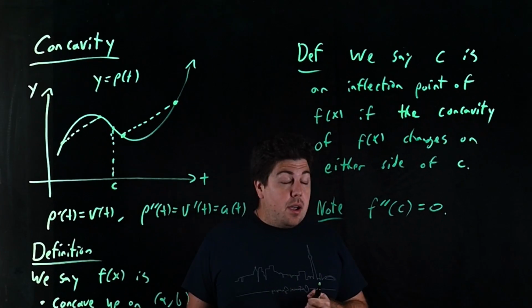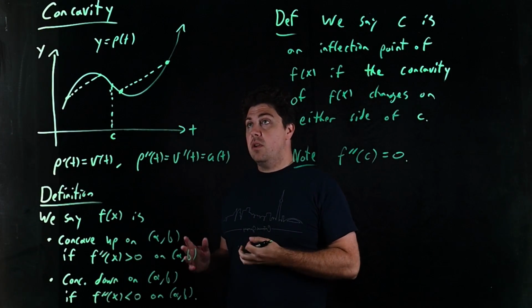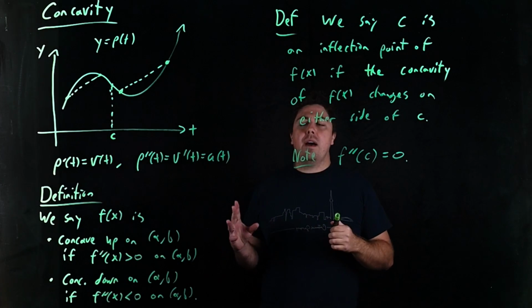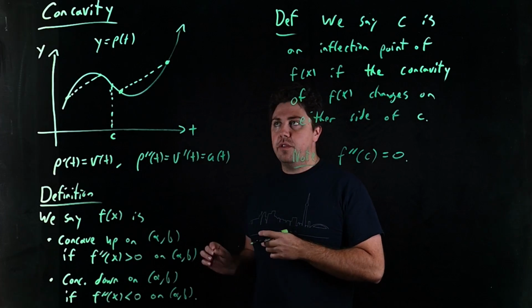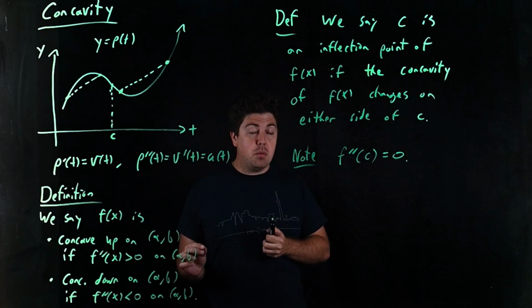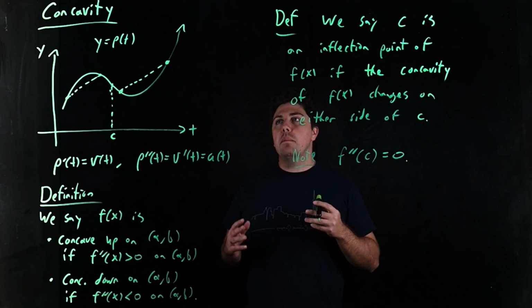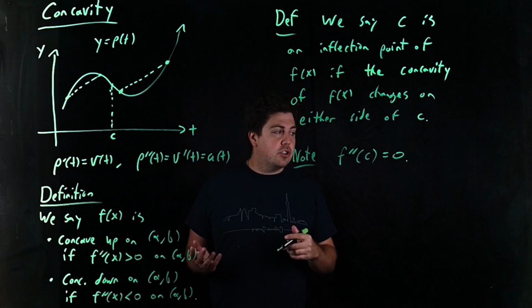Now, why do we care about concavity? Well, there are some other reasons to care about it beyond what I'm about to say. This gives us some interpretation of how acceleration is related to the function in the first place, and this is going to come up again when we talk about the second derivative test for finding extrema. But also, another thing that one cares about is being able to sketch out functions well.